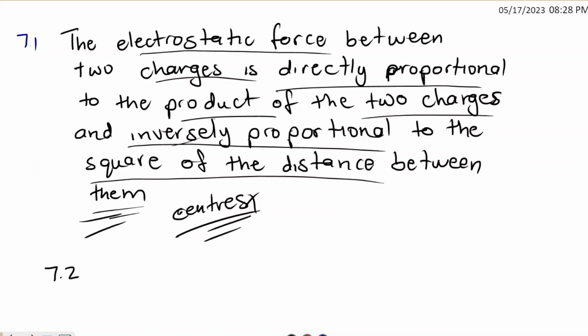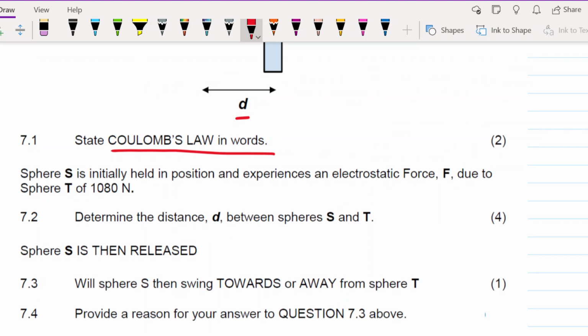So now let's move to 7.2. They said sphere S is initially held in position and experiences an electrostatic force F due to sphere T of 1080 newtons.